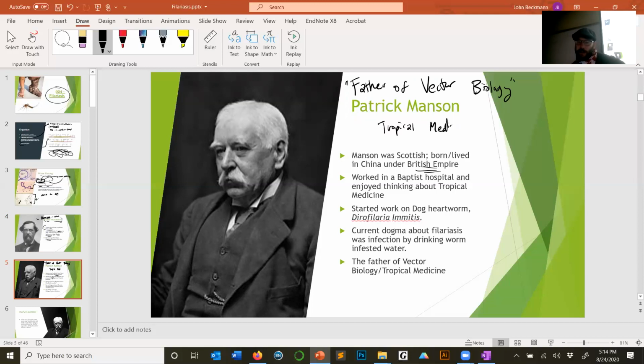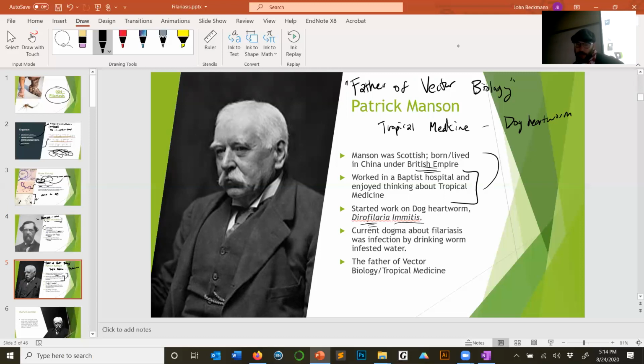He spent time in, I think, both China and India, and many of his observations were from India. His hobby was studying dog heartworm. He worked at a hospital in tropical regions. Again, he studied dog heartworm, which we'll talk about a little at the end. It's a different genus, Filaria immitis.